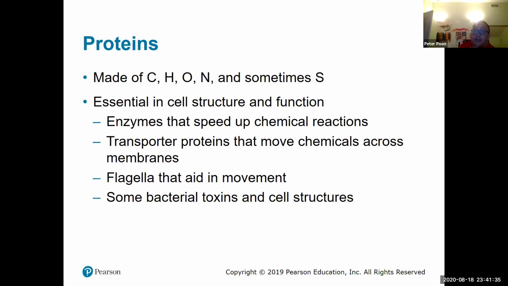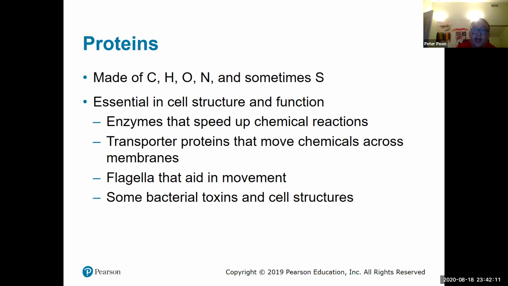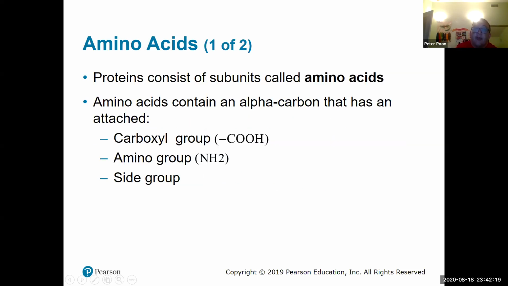Proteins. Proteins are essential in cell structure, and this is what they do. So just read through that. Proteins are made of amino acids.